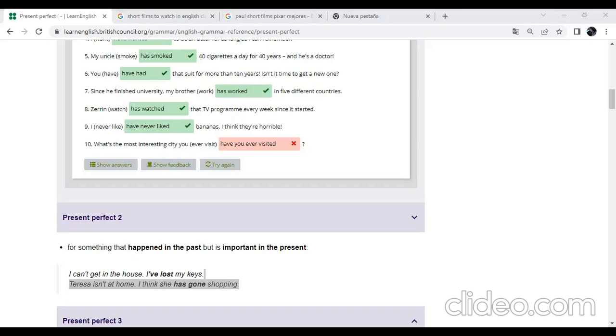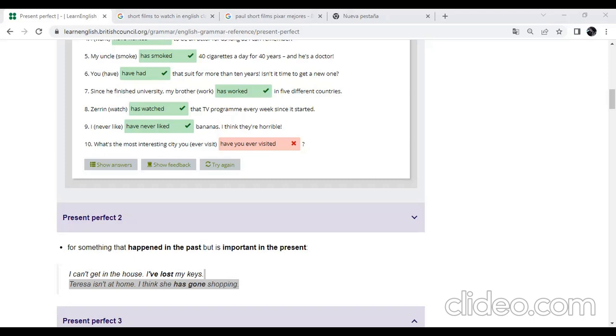No, teacher, I don't understand what you mean. Okay, pay attention. In the rule, we say for something that happened in the past, what is the past event in the second sentence? Oh, the past in the last sentence, right? Exactly.